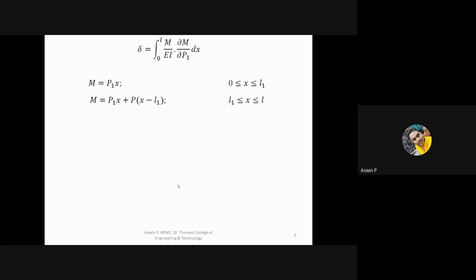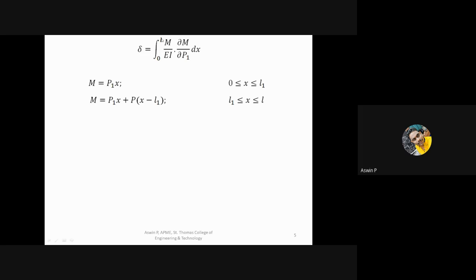Okay, I am going to the next part. So we have the deflection equation as integral from 0 to L of m divided by EI into dou m divided by dou P1 dx, and m is given as minus P1x in the range 0 less than x less than L1, and m is equal to minus P1x minus P into x minus L1 when the range is L1 less than x less than L. So we have to substitute both these values in the previous equation.